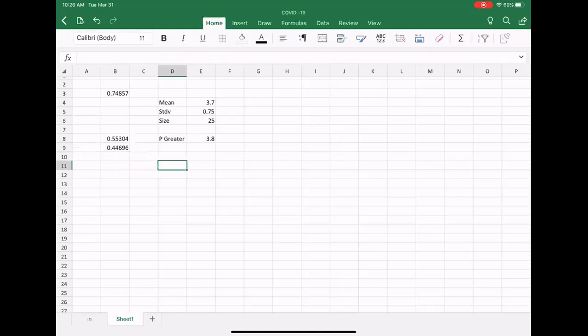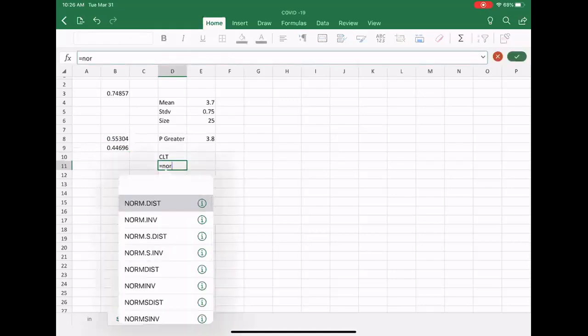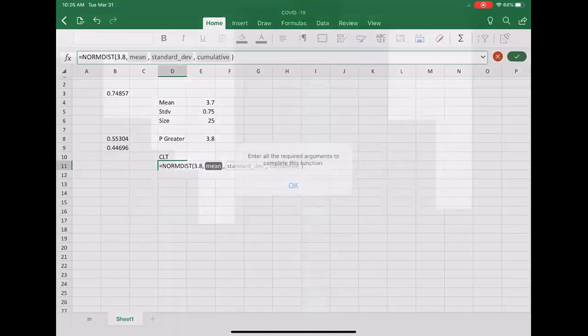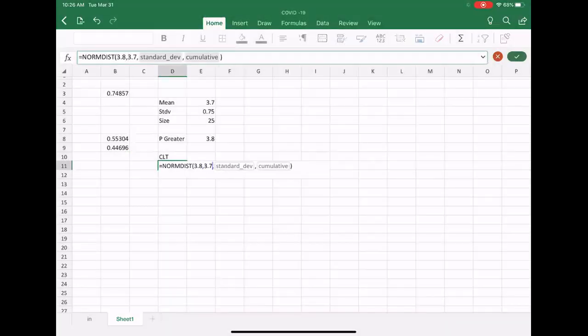If we have to do the central limit theorem problem, equals NORM.DIST again. X is still 3.8. Our mean is still 3.7. Our standard deviation, though, because it's a central limit theorem problem, now changes.